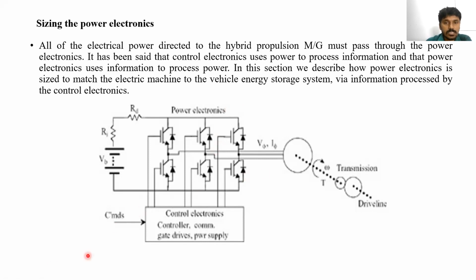Here we can see this is the motor, and this motor is connected to the drive line through the mechanical transmission. The drive line is nothing but the load, so the vehicle can be considered as a load. And this motor is connected to the battery through the power electronic converter.